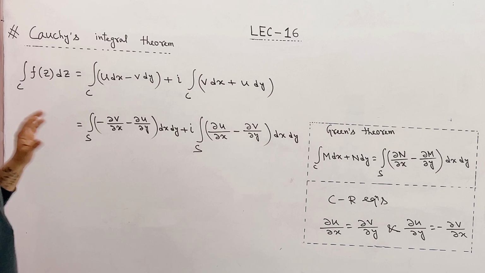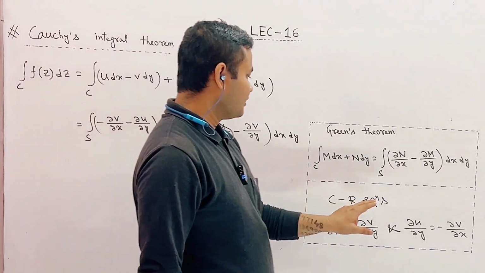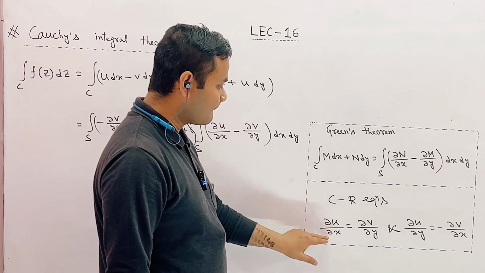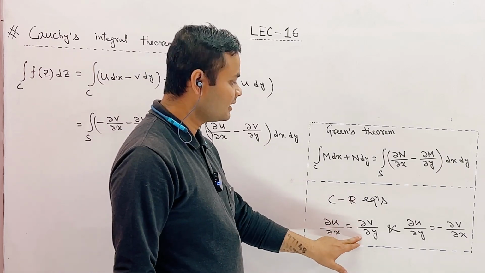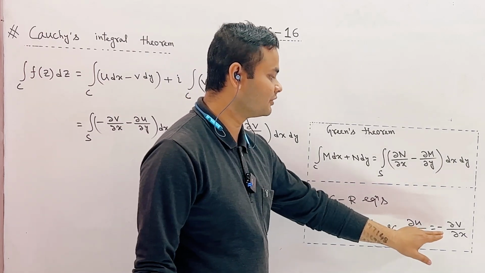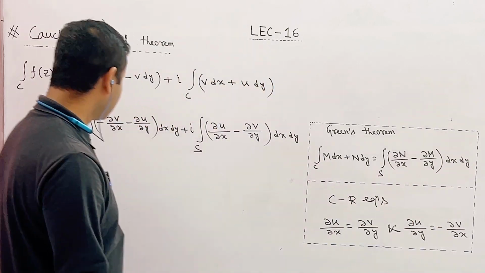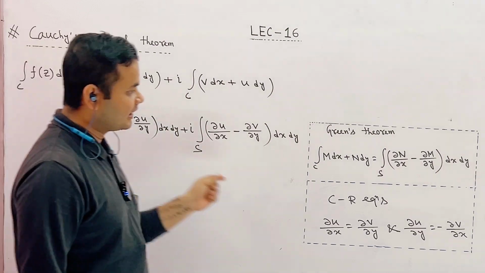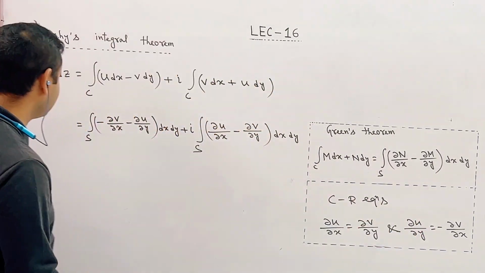Now let us apply Cauchy-Riemann equations, and according to Cauchy-Riemann equations, del u by del x equal to del v by del y and del u by del y is equal to minus del v by del x. So this term minus del v by del x can be written as del u by del y.